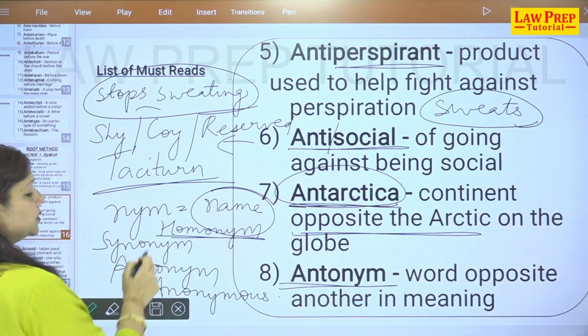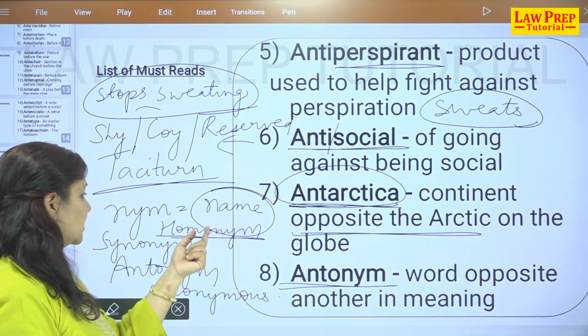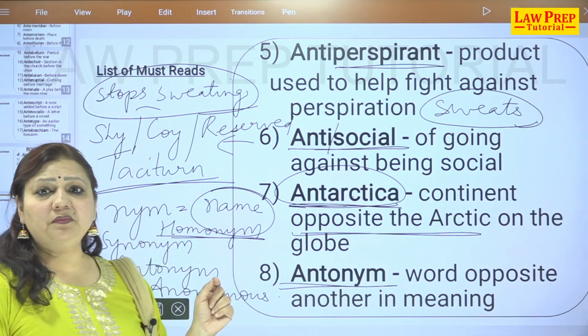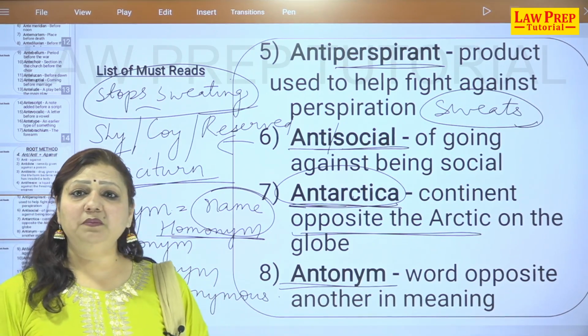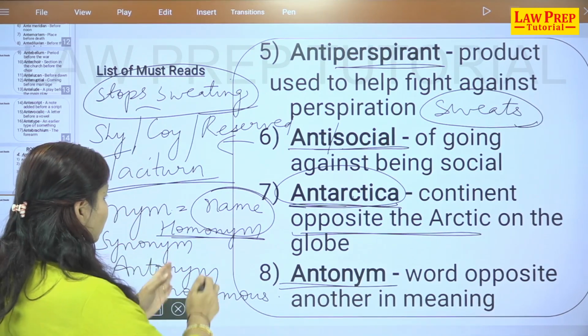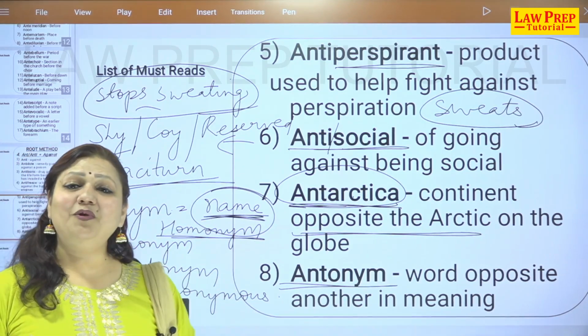Homonym means words with the same pronunciation but different meaning. Synonym means similar meaning, antonym the opposites, and anonymous means when the name is not known, all connected with the nym root, that is name. You also have pseudonym, right? That's a false name, right?